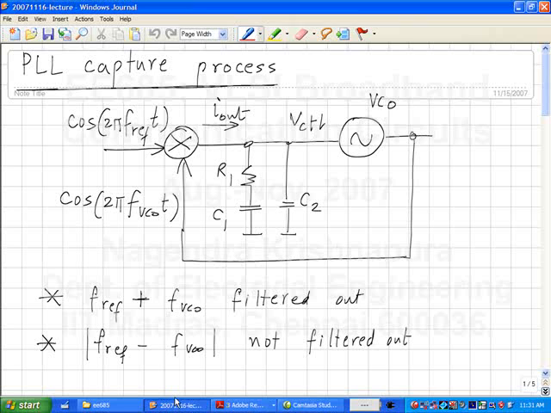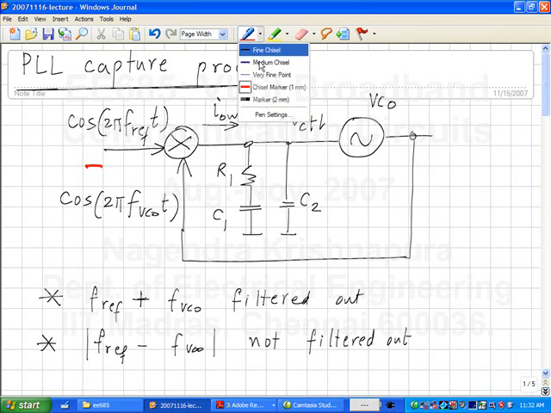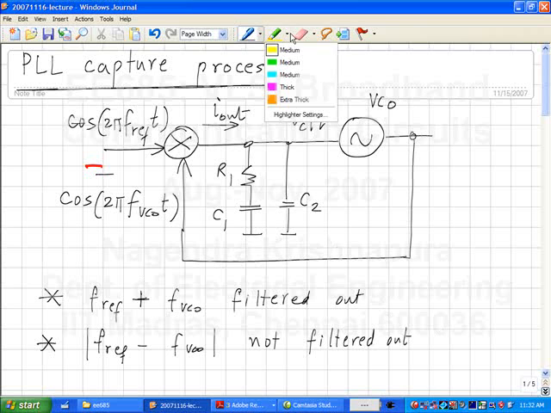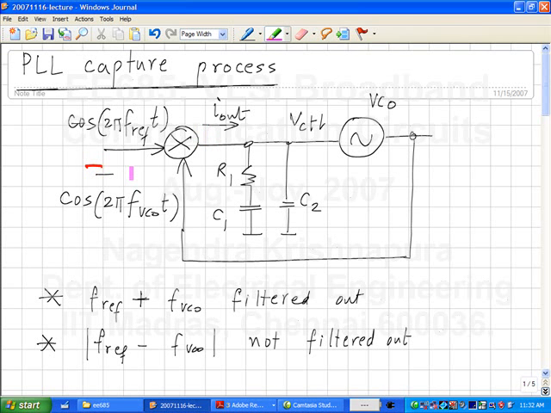Now I assume that these waveforms are sinusoidal. So at the output of the multiplier, I get the sum frequency and the difference frequency. The sum frequency is so high that I assume that it is attenuated by the loop filter. And I assume that the difference frequency is not attenuated. So let's see what happens.